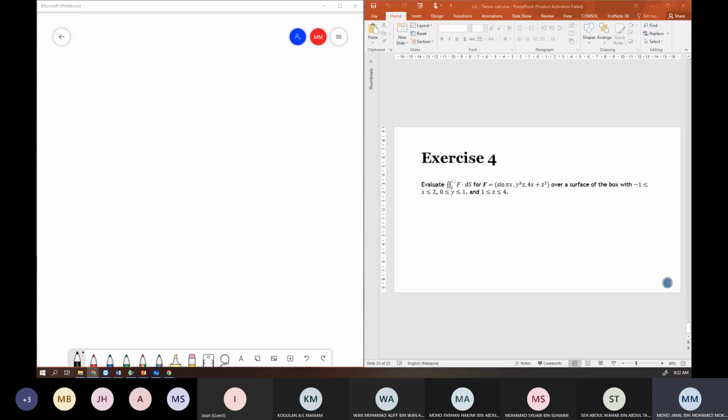Okay, so today we will continue a bit on the exercise that we learned last week. I left exercise 4 for you, but I didn't give the answer. So today we will discuss exercise number 4.